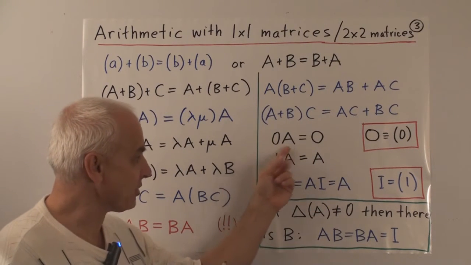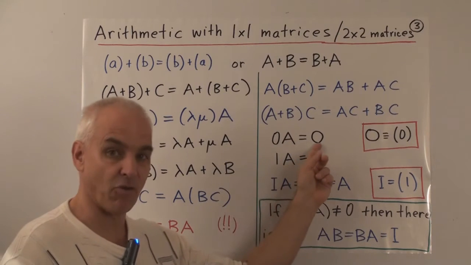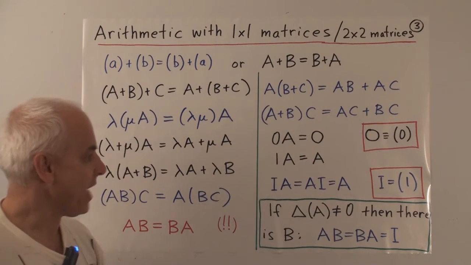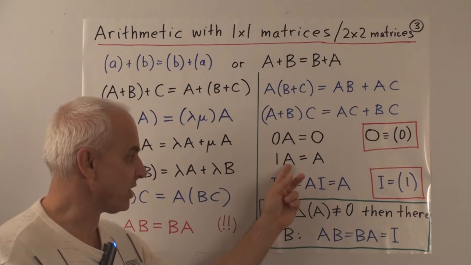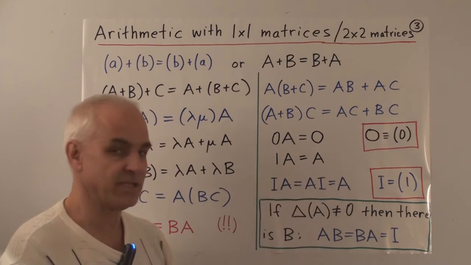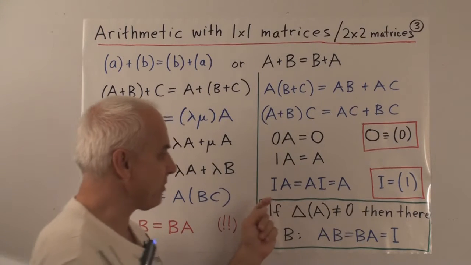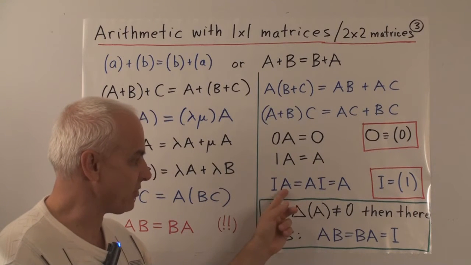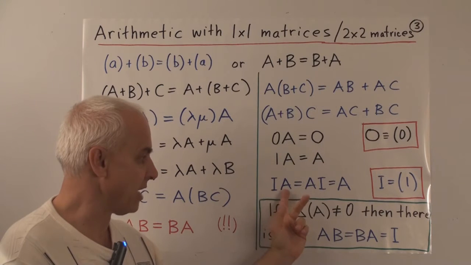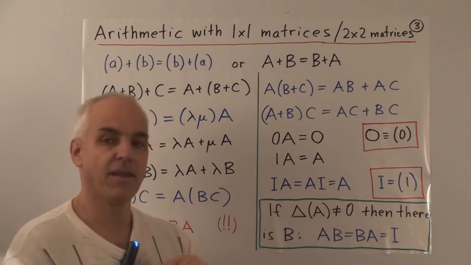So the number 0 times the matrix A is the zero matrix. And the number 1 times the matrix A is the matrix A. The identity matrix has the property that if you multiply it by any matrix in either order, so I times A or A times I, you get A back again.